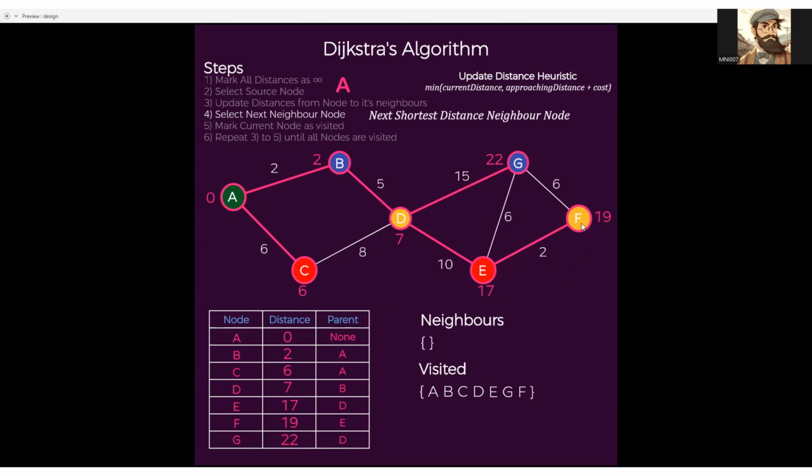From F, we can see that its parent is E, and then recursively its parent is D, D's parent is B, and B's parent is A. So we can trace back the path towards the source.